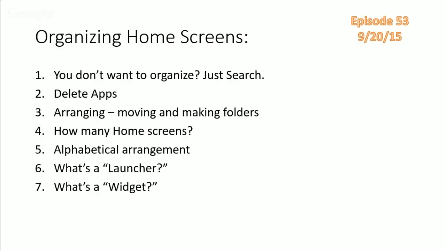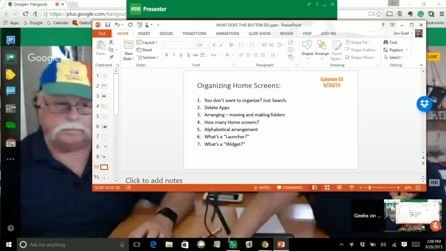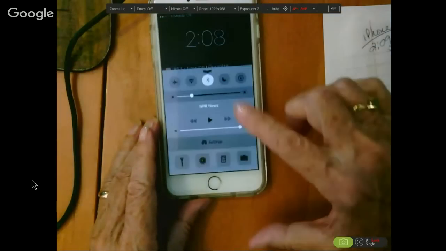All right, so I'm going to start off with the iDevices, with Apple. And we have 2. We have Jim's iPhone and we have my iPad. I want to show you Jim's iPhone.